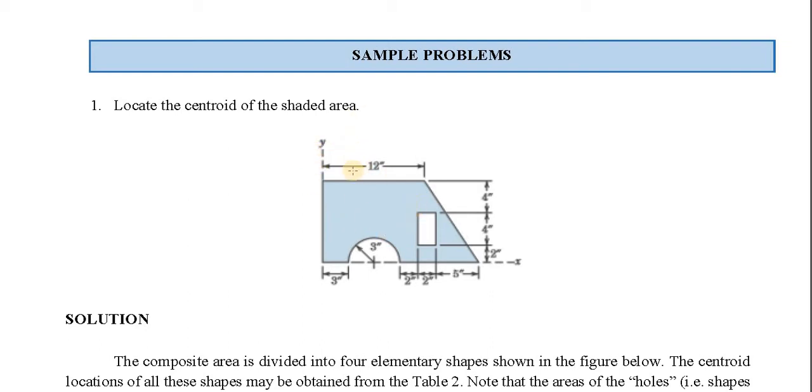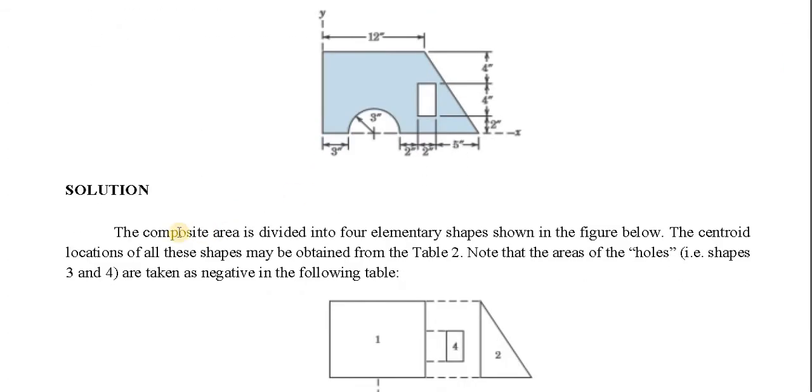This type of shape is a complex type of shape, so the thing that we need to do is to break these shapes into different shapes. So here, as you can see, this is a composite area or composite shape.